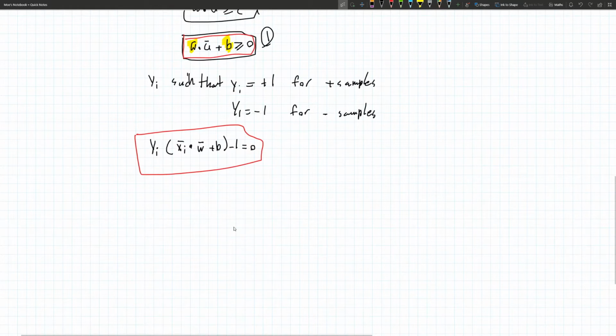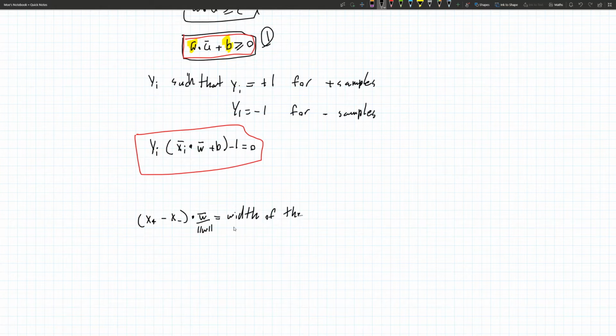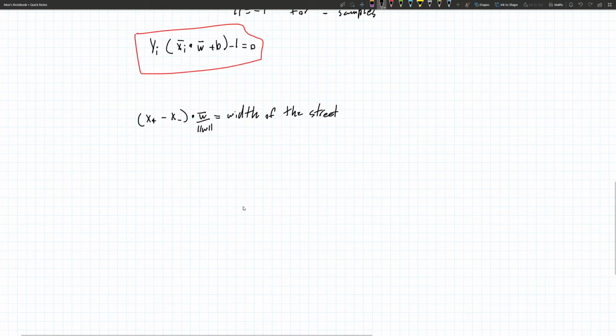So let's say x plus minus x minus dotted with w, divided by the magnitude of w, will be equal to the width of the street, right?